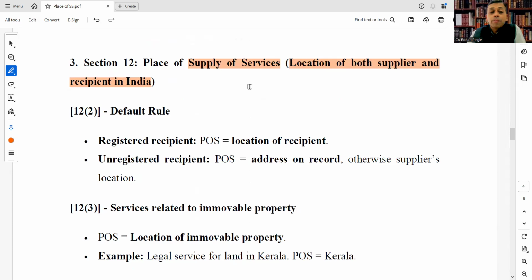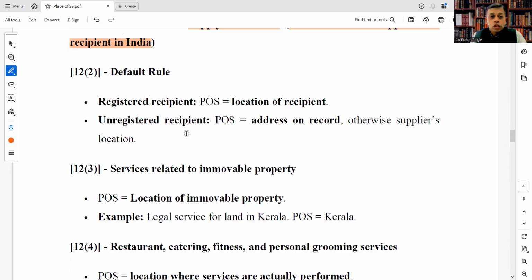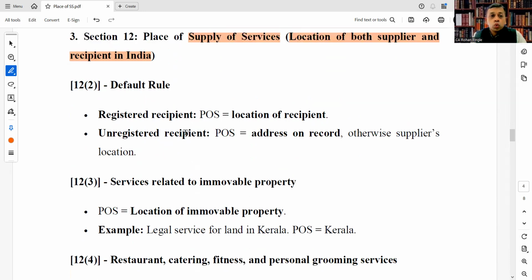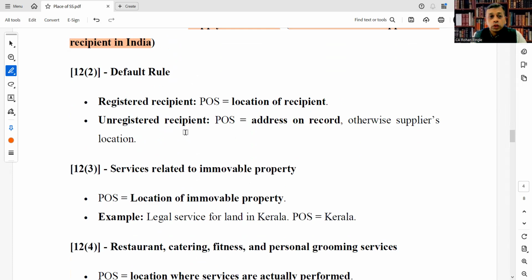Location of both the supplier and recipient in India. Section 12, subsection 2, default rule. What is the default rule? Whenever our case is not covered under the other subsections that we are going to see, then the default rule comes into play. That is subsection 2 of section 12.